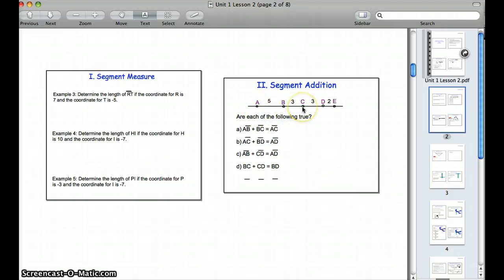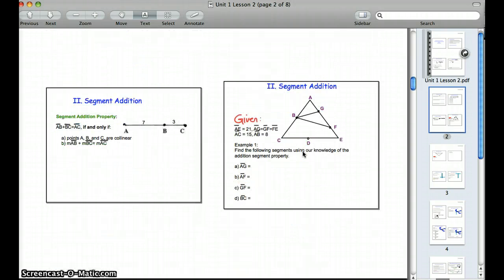So AC, which we already said was 8, plus BD, which is 3 plus 3, so 8 plus 6 equals 14, which is what AD equals, from A to D. Now we're going to look at BC, which is 3, plus CD, which is 6, equals BD. So from B to D is 9. So that's the segment addition.